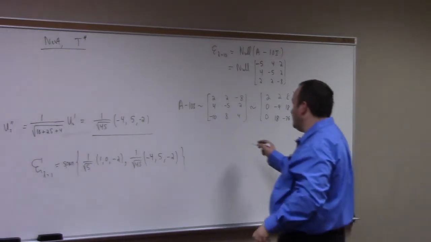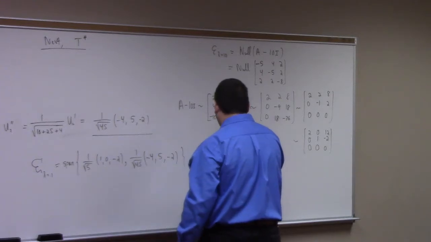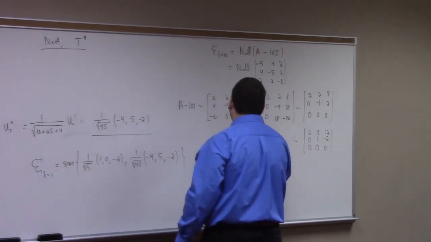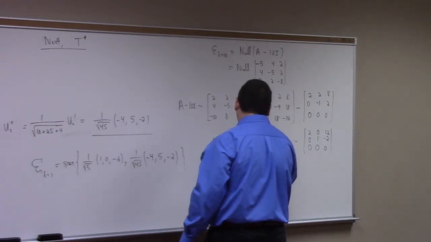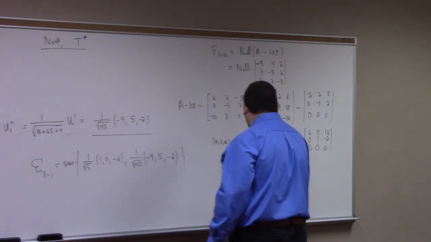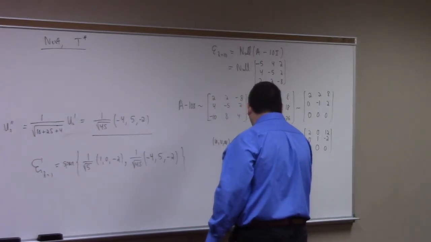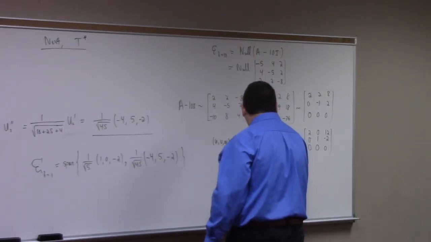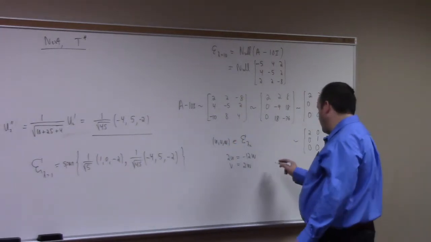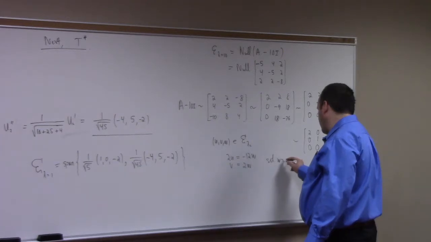So if you have that u, v, w is an element of the eigenspace with lambda 2, then that means that 2u is equal to minus 12w, and it means that v is equal to 2w. So I'm going to set w equal to 1.